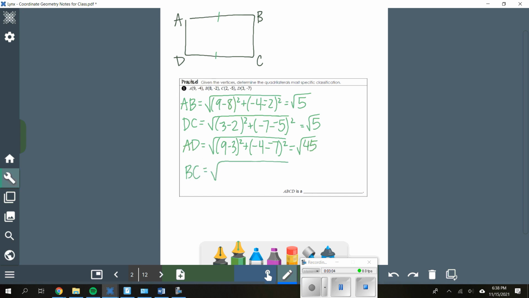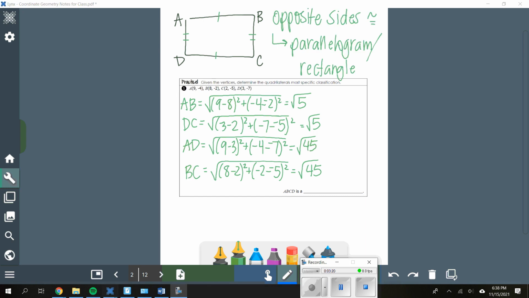So I have x minus x, 8 minus 2 squared and added to y minus y, negative 2 minus negative 5 squared, which is radical 45. So again, I'm seeing that AD is congruent to BC. So what I notice here is that my opposite sides are congruent. So I'm looking at cluster 1, which is case 1 and 2 together, either parallelogram or rectangle.